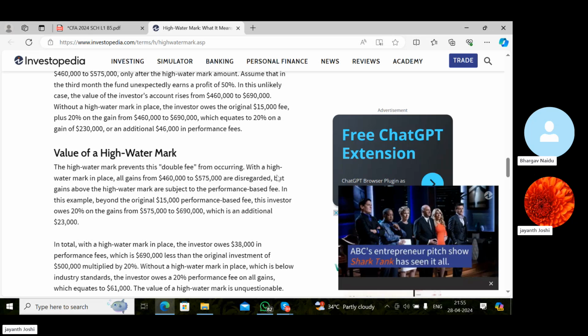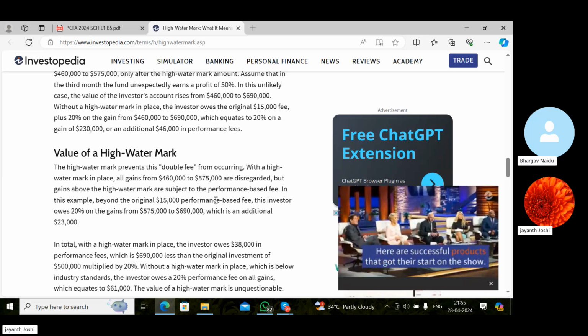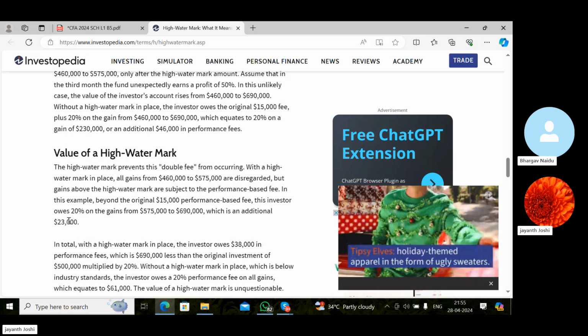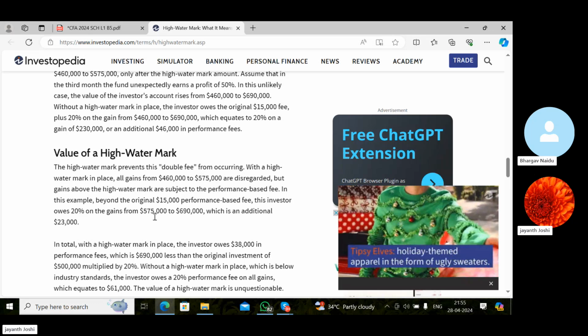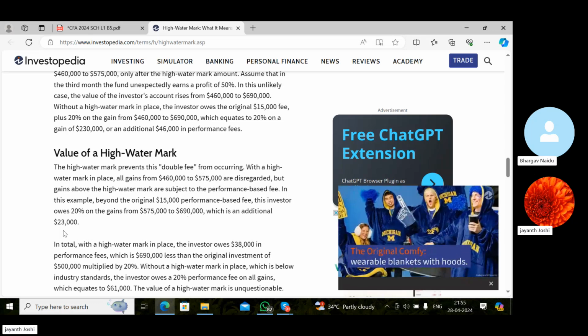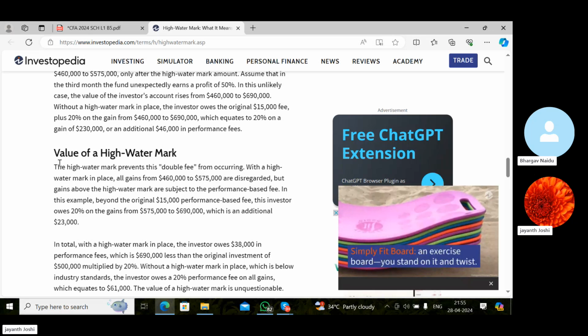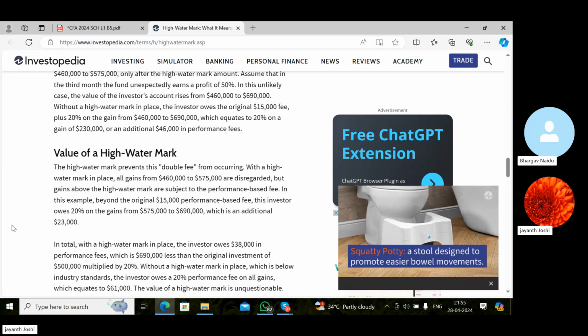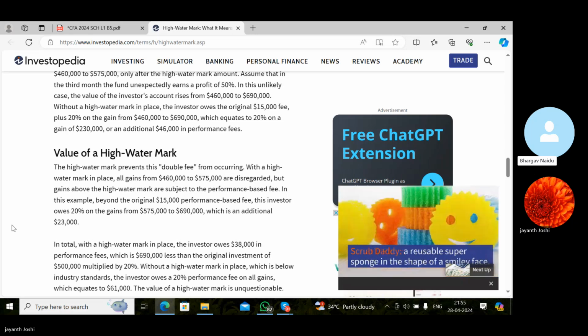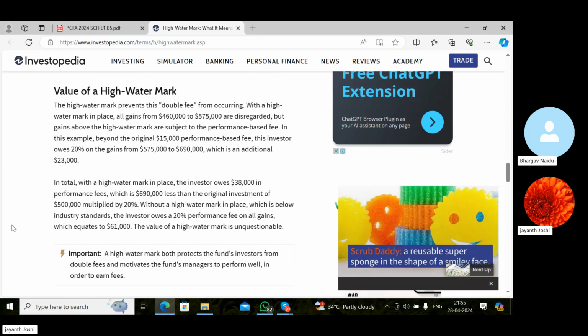So in this example, beyond the original 15,000 performance fee, this investor owes 20% of the gains from 575 to 690, which is an additional 23, not 46, correct? Are you understanding? Yes, sir. Only 38,000 has to be paid.